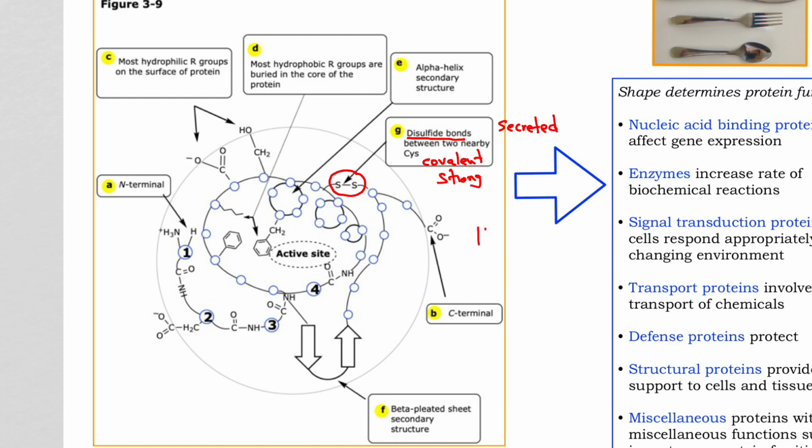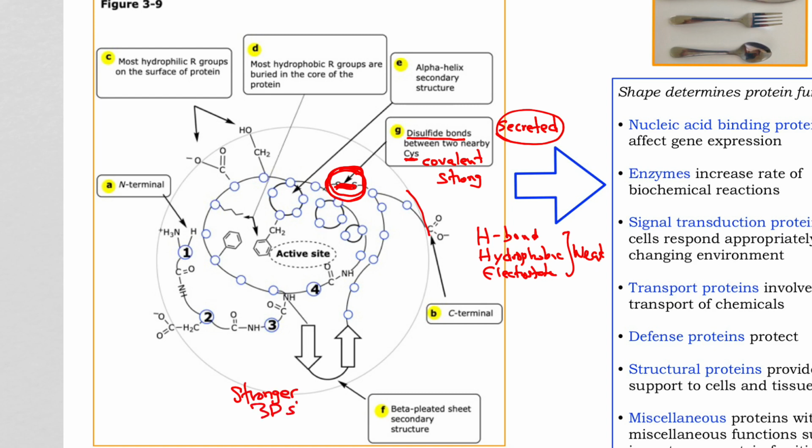So unlike hydrogen bonding or hydrophobic force or electrostatic, these are weak forces. Disulfide is a very strong covalent bond, and that's formed between two cysteines, which we'll talk about under amino acids. And the reason why secreted proteins like antibodies have this is because these disulfides give the protein a stronger three-dimensional structure, because these are very strong forces.